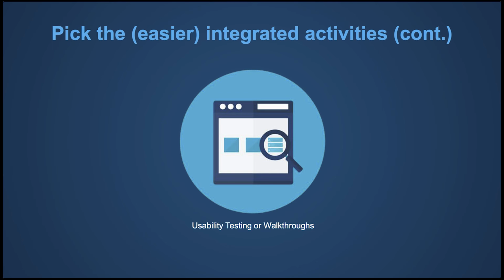So things like usability testing or walkthroughs, though, can be integrated almost into any process. So pick an activity that shows value, try it out, you get a foothold, you show the value of it, and people say, wow, this is great. And then you can go back to them and say, well, you like that, here's some other great activities you can do in UX.